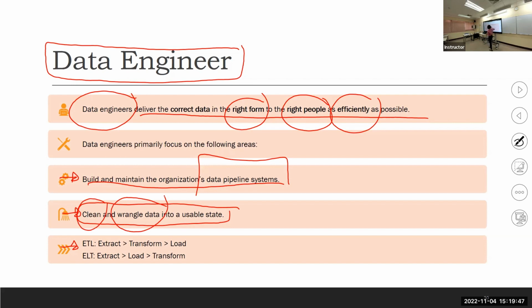And again, to do that for what? For people to use the data efficiently. And that means, of course, it may involve the process of extract, transform, load, or extract, load, transform, and so on of the data.